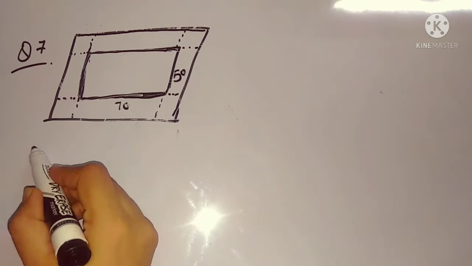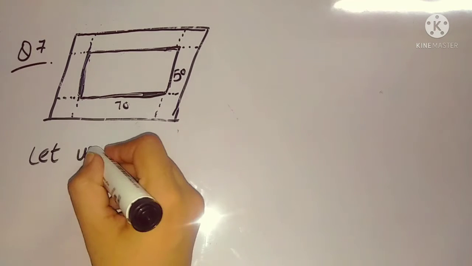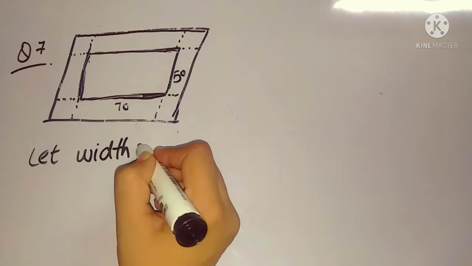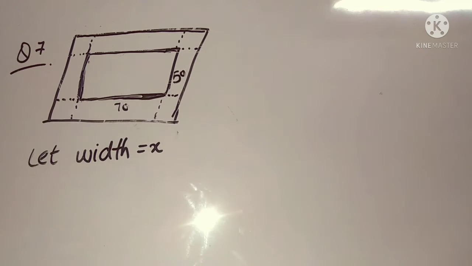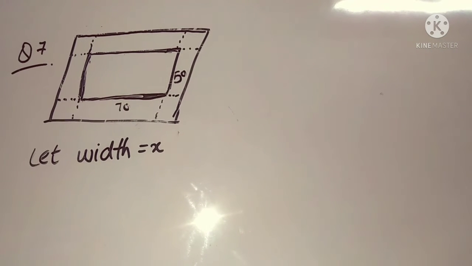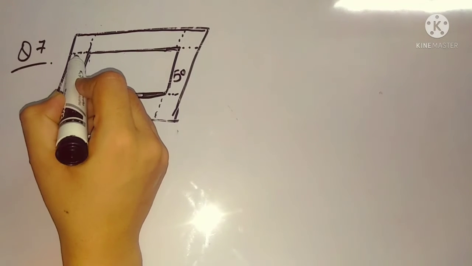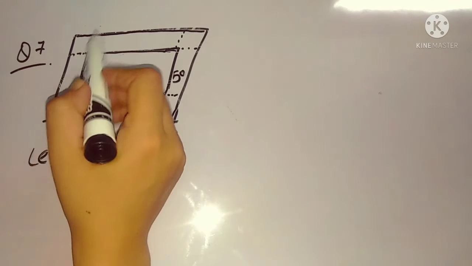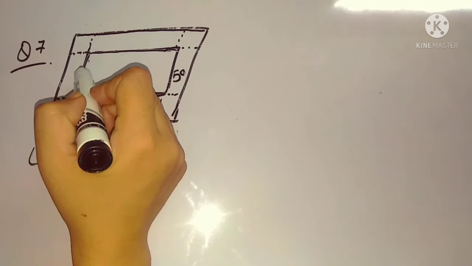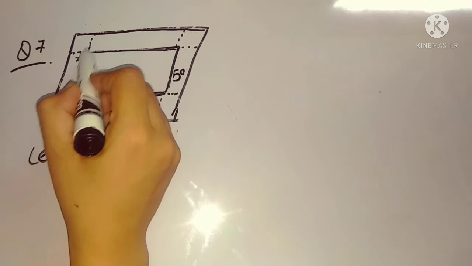So what we will do is assume let the width be x. So let width is x, and you can see that this is a square. They are saying with a uniform width. Uniform width means that it's equal. If this is x, this is also x.